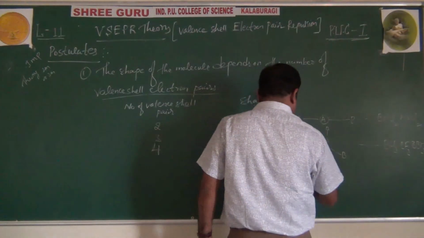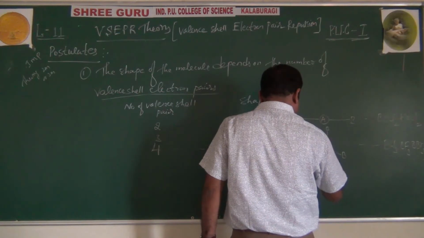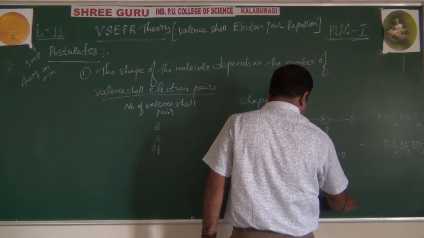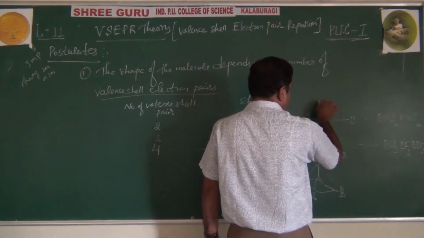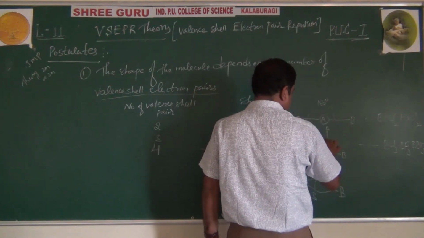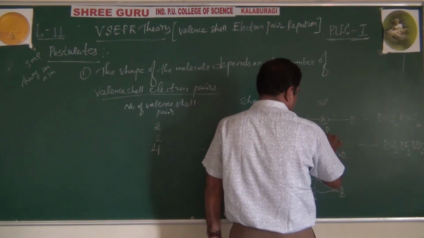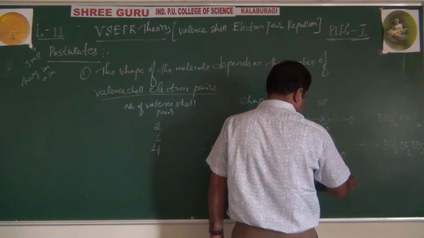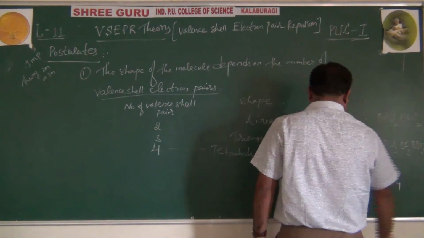Tetrahedron means we can arrange like this: A, B, and here is 180 for linear. Triangular planar, 120. And here 109.5 degrees. You can give best example methane.